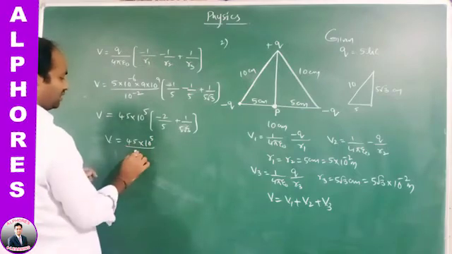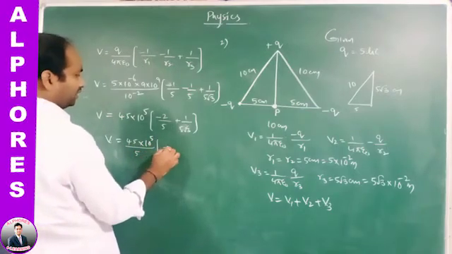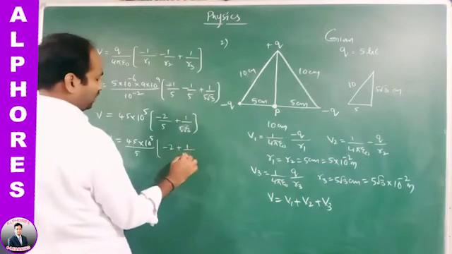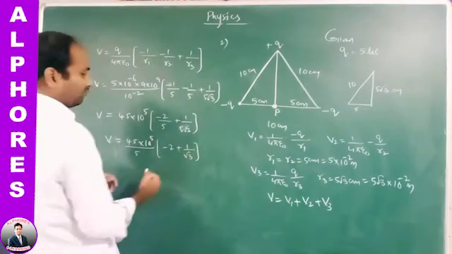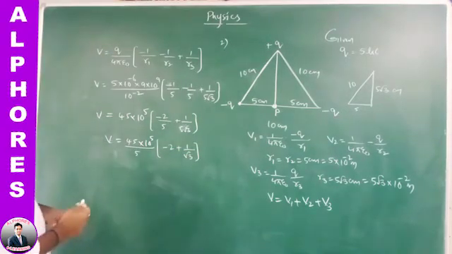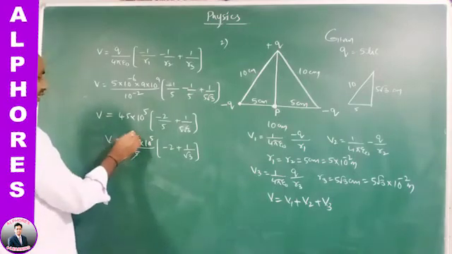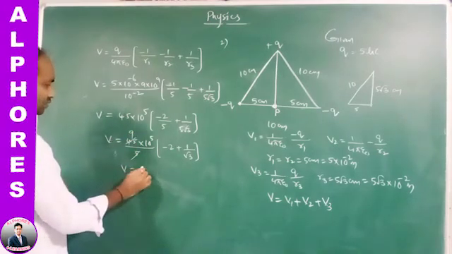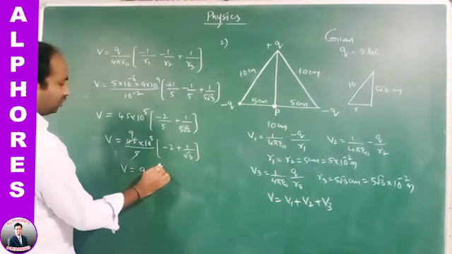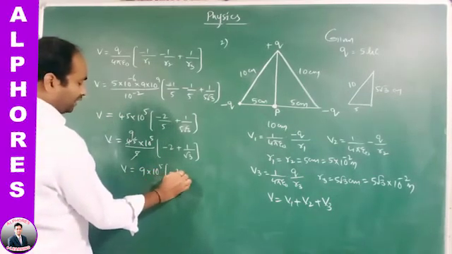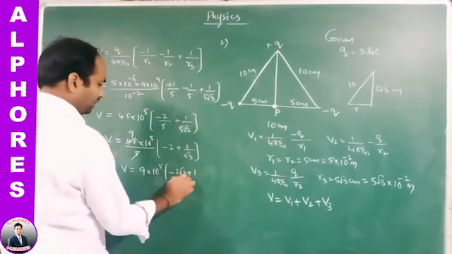If 5 is also common, what you will get here: minus 2 plus 1 by root 3. So 5 ones are 5, 5 nines are 45. V is equal to 9 into 10 to the power of 5 times minus 2 plus 1 by root 3.